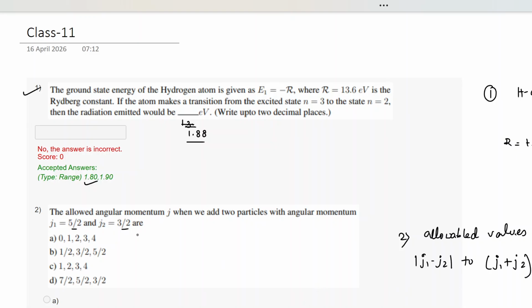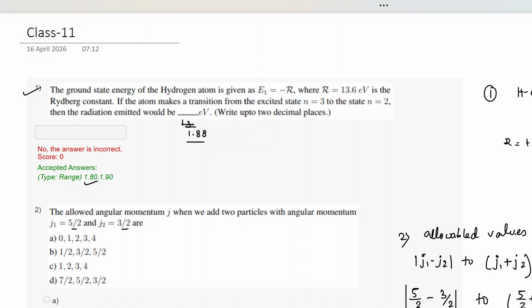Because you have to take a modulus sign, it's not a negative value. So you have J1 as 5 by 2 and J2 as 3 by 2. Their addition, 5 by 2 plus 3 by 2, is 8 by 2, which is 4.